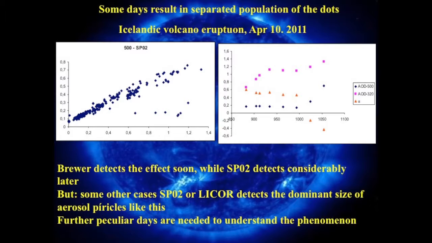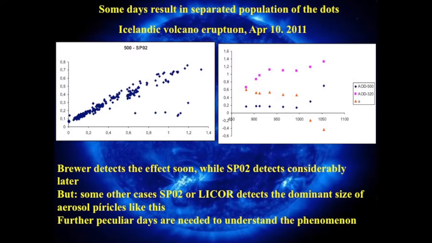That would be the reason. There are very few peculiar days. This study came from about 60 days, and I have only 5 or 6 days with this peculiar behavior.